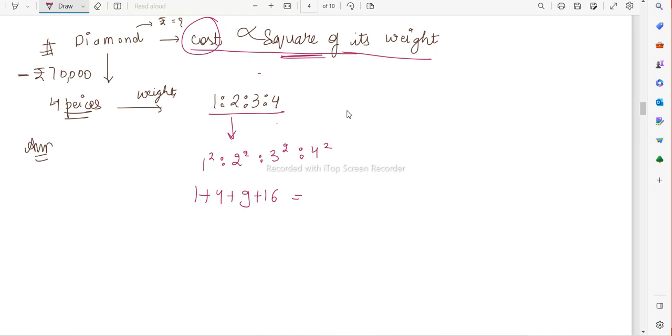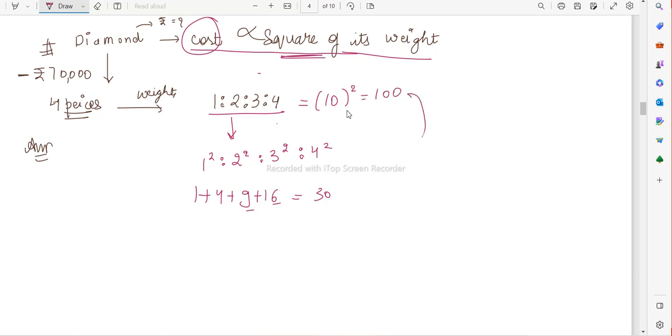Okay, if the original weight adding this was 10, and now we are getting 30. Since the price is going to be square, it is going to be 100.